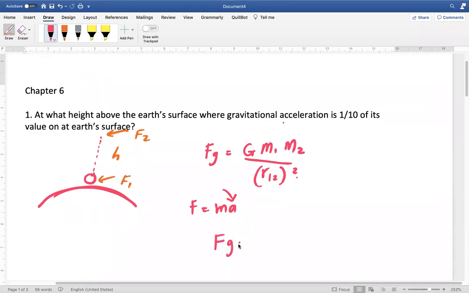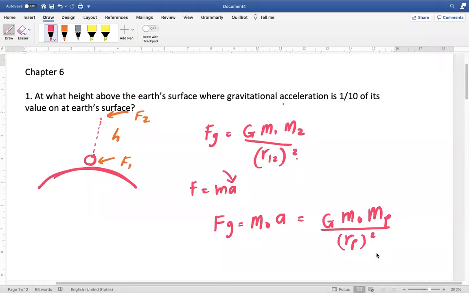Fg equals mass of object times acceleration on the planet equals G mass of object, mass of planet over radius of planet squared. And I told you if the object is on the surface of Earth, where the height is negligible or very small, you can just not put it into the equation, right?